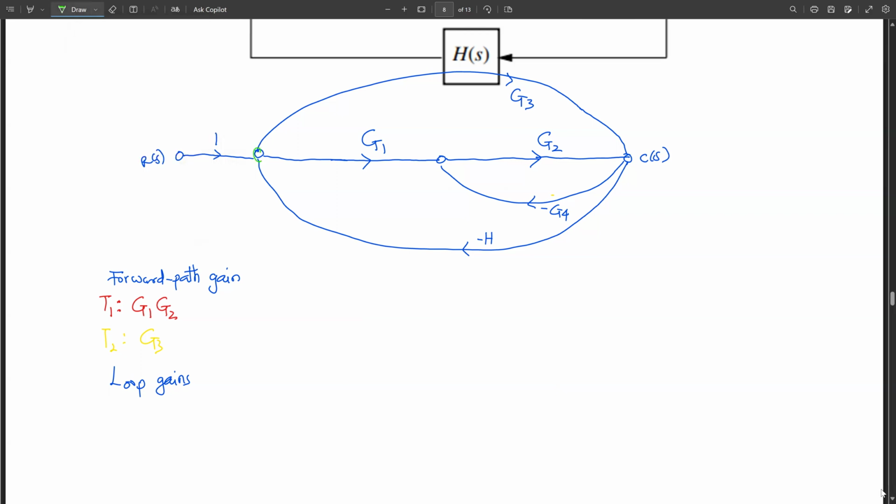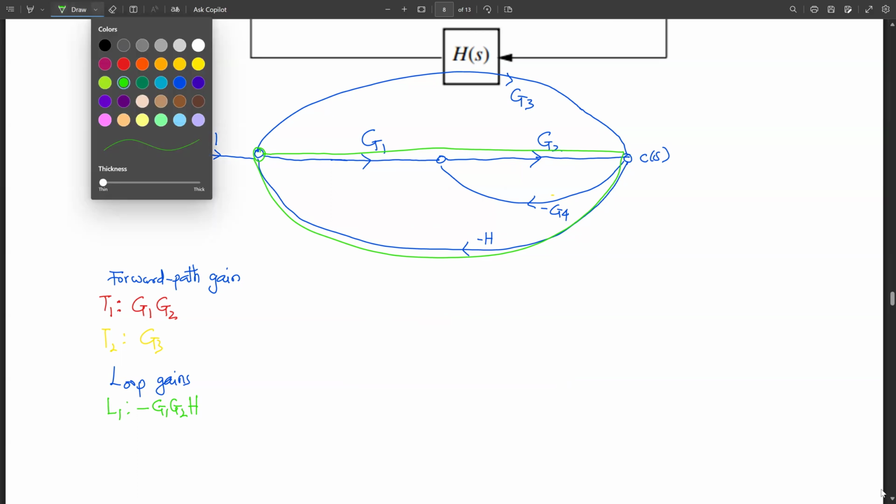I start from here, follow the signal flow to the output, then follow the signal flow back to the same node. Hence the gain associated with my first loop, L1, is going to be G1, G2, and H. Let's see if we can find the second one.